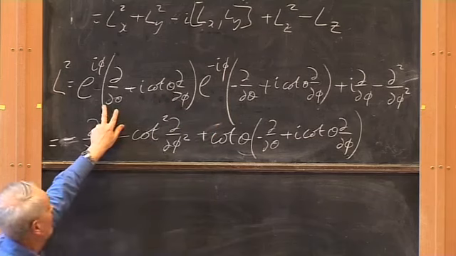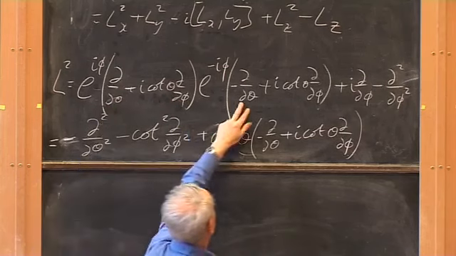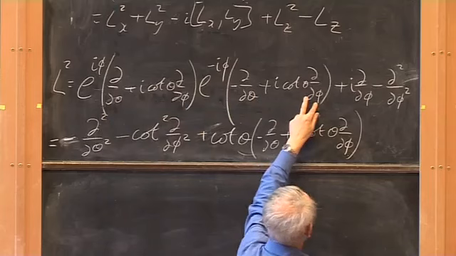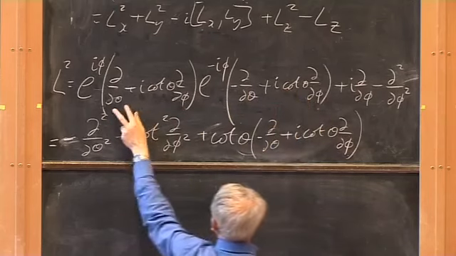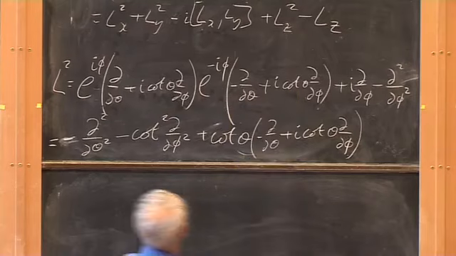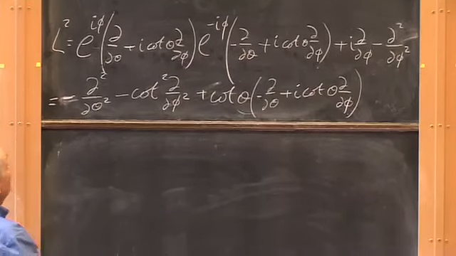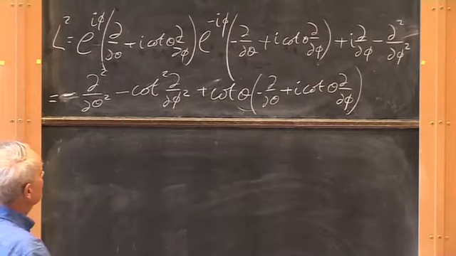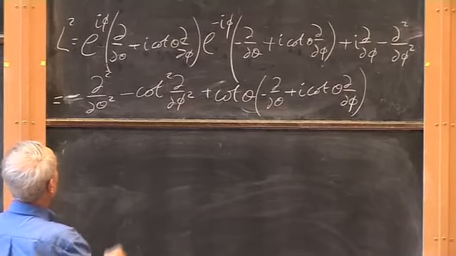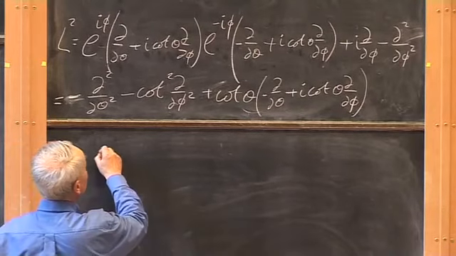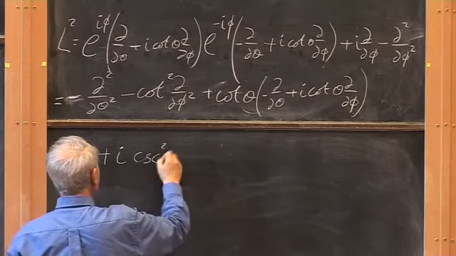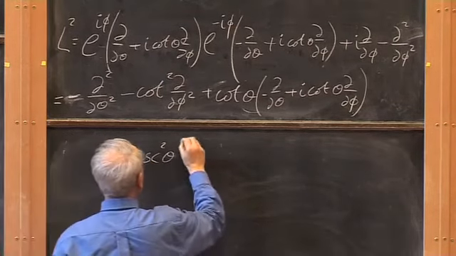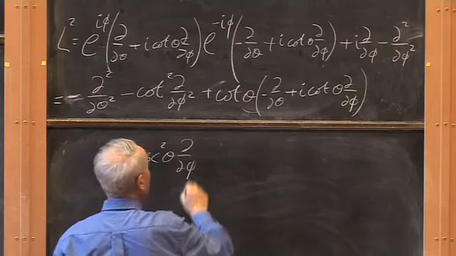Now, what about this one? We've got the operation of this on this. We've got the operation of this on this. I've just said that that's cancelled away. What we haven't got is this. When that differential operator meets this, we get the differential of cot, which is cosec squared, I think. So I think what we have is plus i cosec squared theta d by d phi.